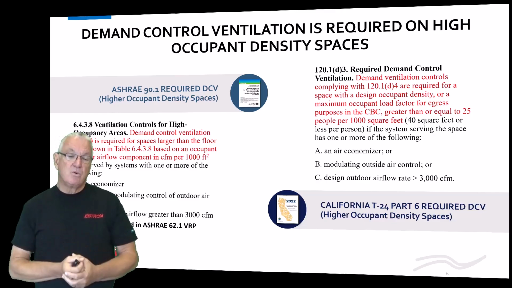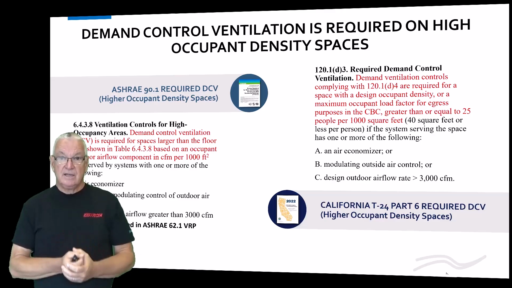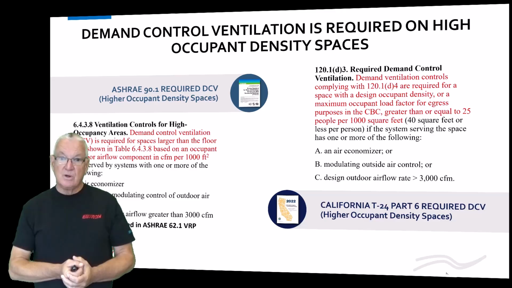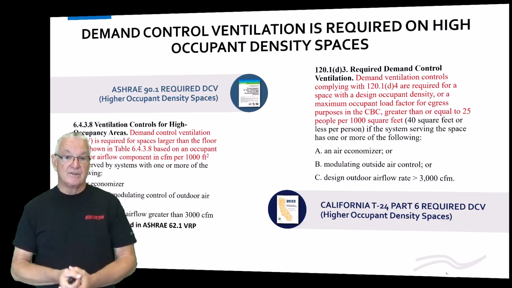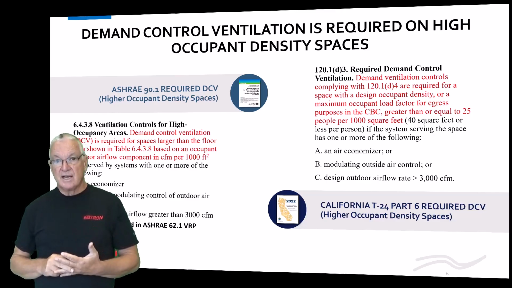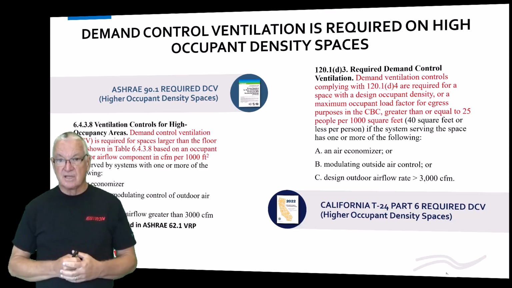I really don't quite understand that, because this happened during COVID when folks were saying, don't do DCV. The 90.1 folks were like, oh, we need to actually expand its scope. So it's not as clear cut. Like if you look at Title 24 and how 90.1 was written, it was always 25 people or greater per 1,000 square feet.